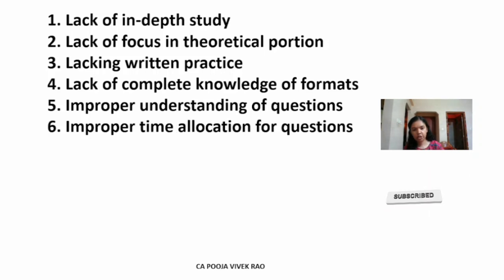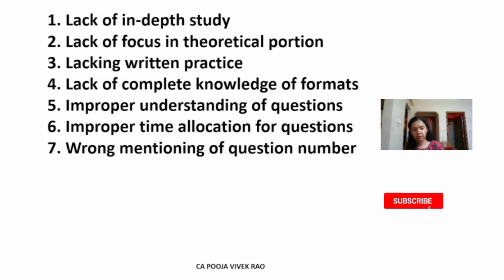The next error noticed was improper time allocation for questions. Most of the time it was noticed that students gave irrelevant details even for small questions, thereby spending unnecessary time on the questions which is not required. So it was advised that students should restrict their answers according to the marks allotted to the question.